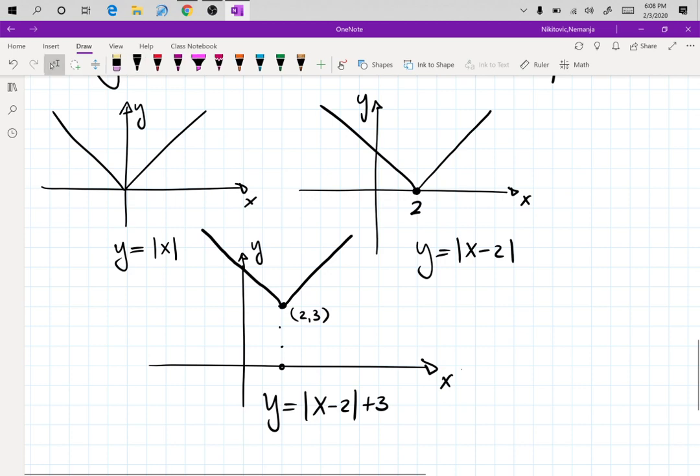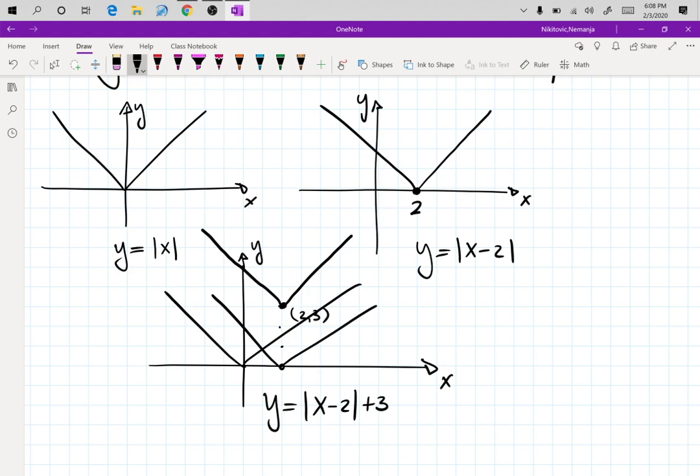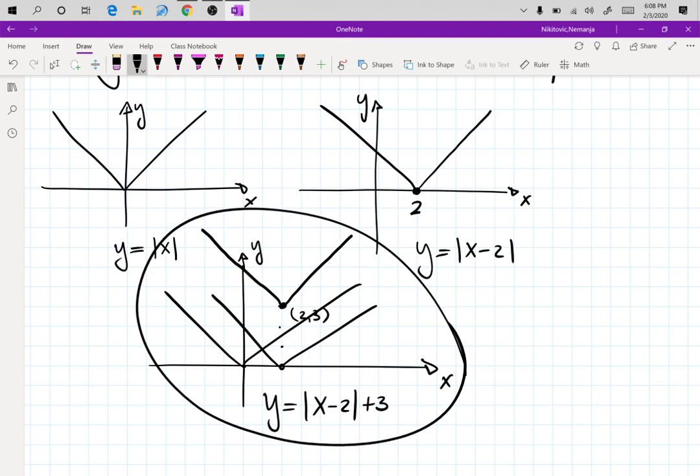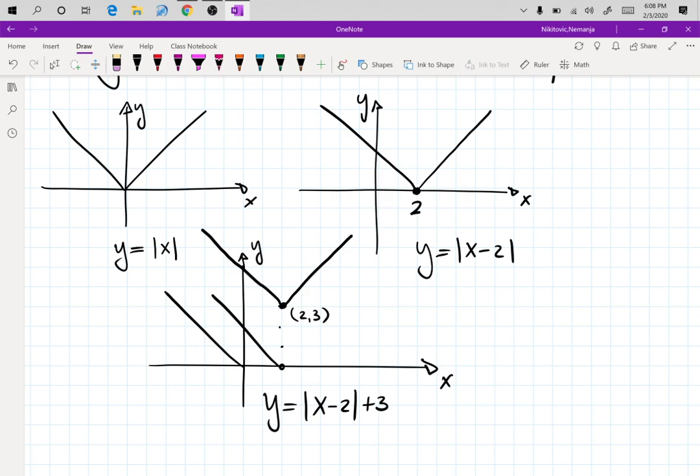If I am to do this problem on the same graph paper, I'm going to erase this, but I just want to show what this would look like. It would look like this, and it would look like that. That's what it would be if I used only one graph, it would be that busy, right? So I do the basic graph, and then one transformation, another transformation, and then the graph on the bottom is the answer.